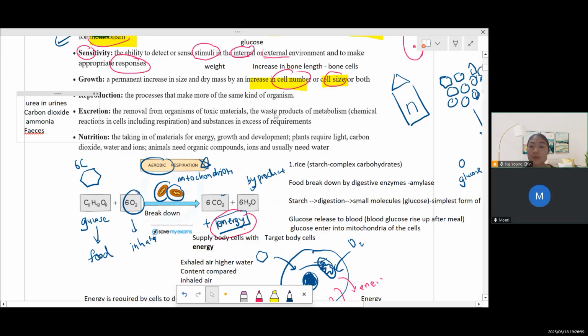Yes, see, the waste products of metabolism, for example chemical reactions in the cell like respiration, will excrete out carbon dioxide, so they need to be removed from the body. Monty, this is for extra information. Imagine if your body is unable to excrete the excess carbon dioxide, do you know what will happen? You store the toxic waste and then you die?